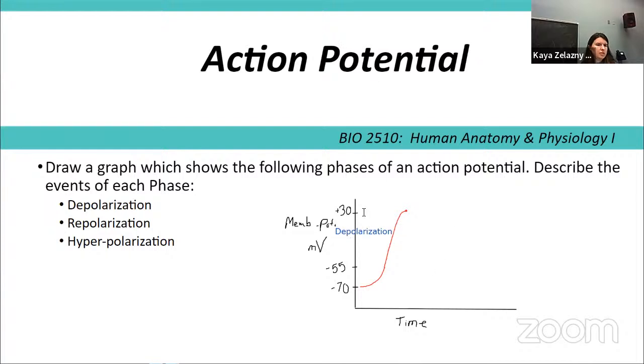So repolarizing the cell, we go back down, going back to where we were. So for repolarization, we're going back down. Take us down to here. That's our repolarization.